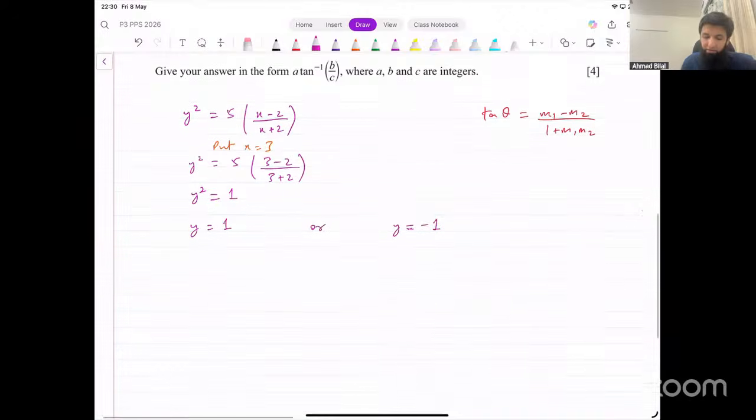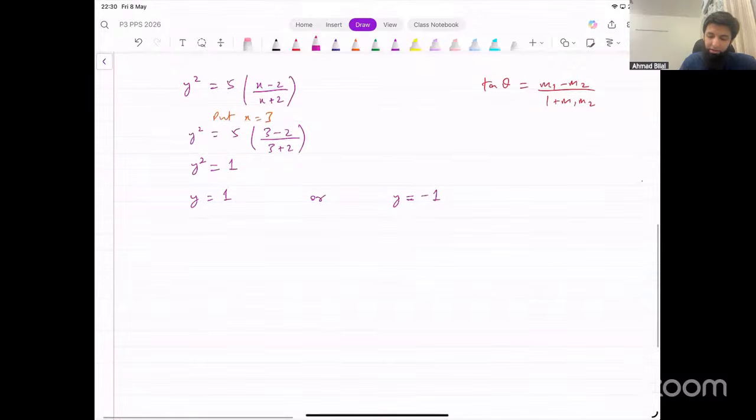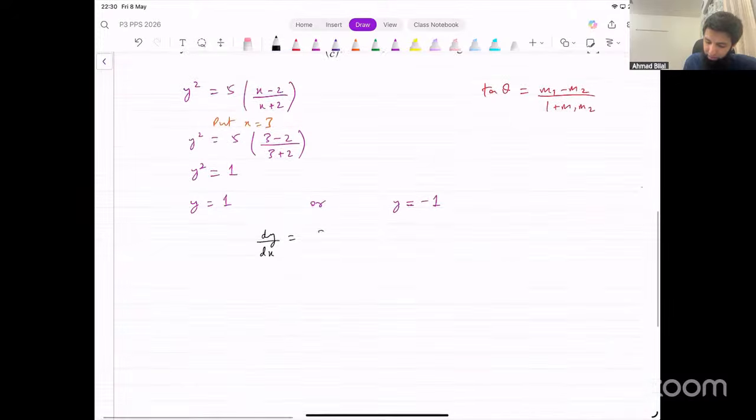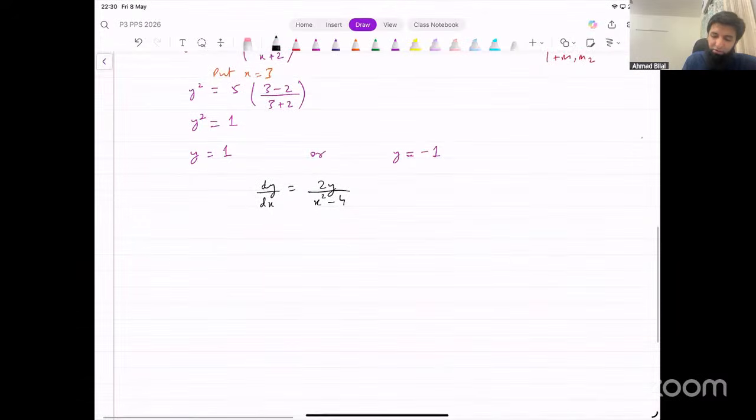We can find the derivative from both of them now. The derivative dy over dx was equal to 2y divided by x squared minus 4. That was the derivative. Input those values.